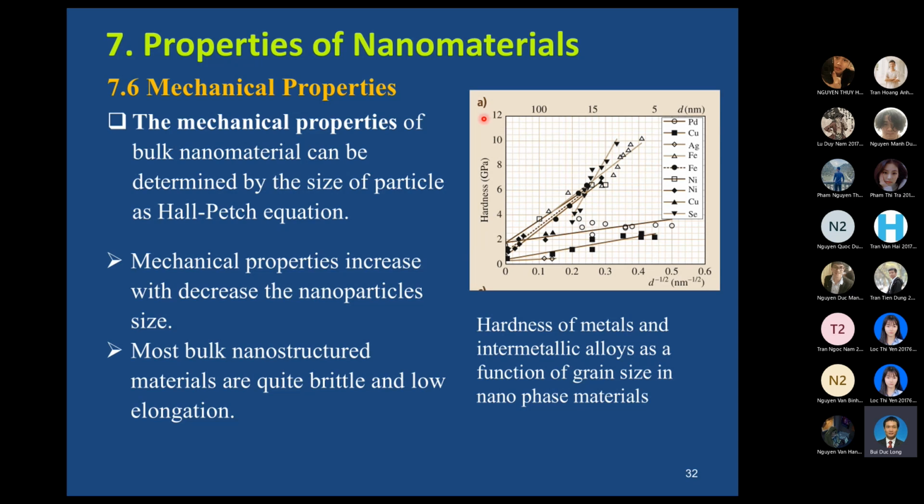So this mechanical property of material is determined by the size of the particle, as in the Hall-Petch equation. This equation states that the hardness of a material increases with a decrease in the size of the grain.